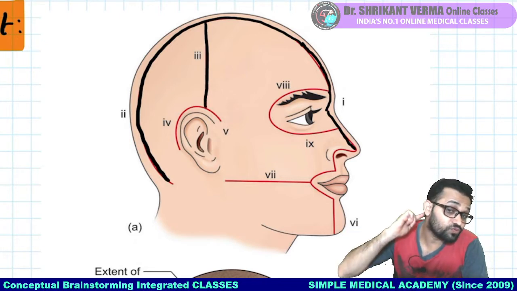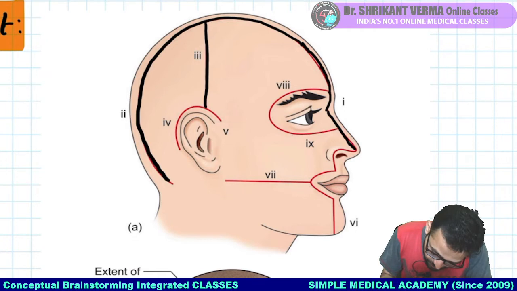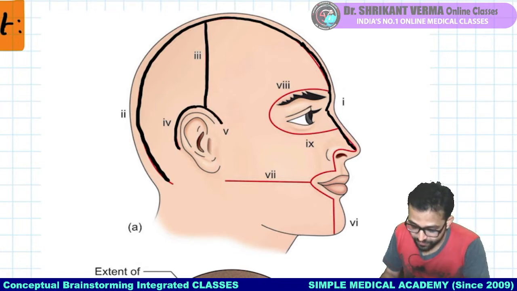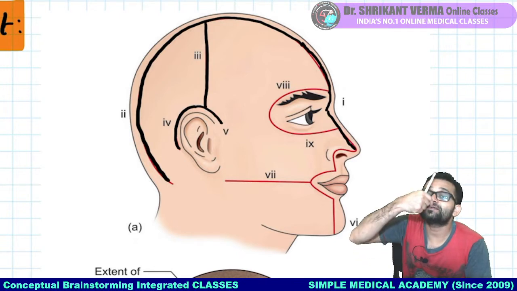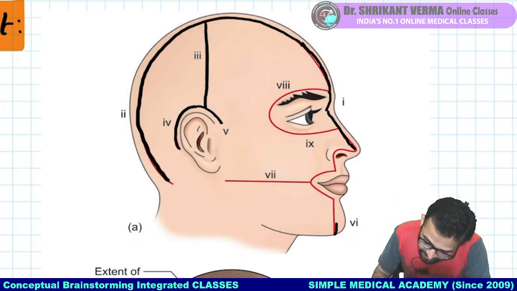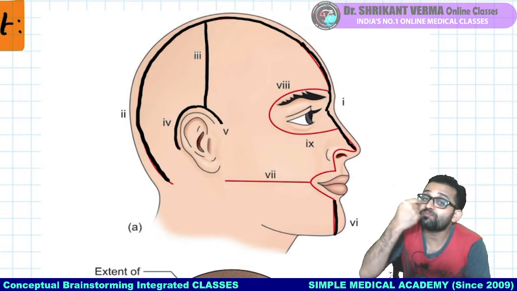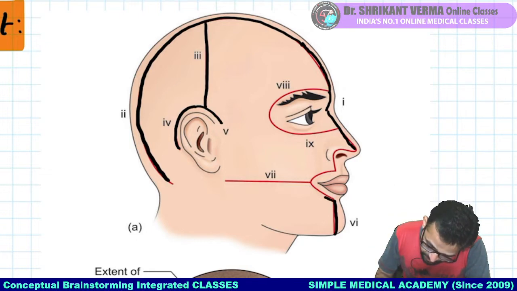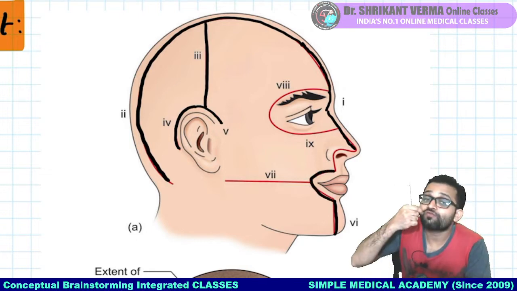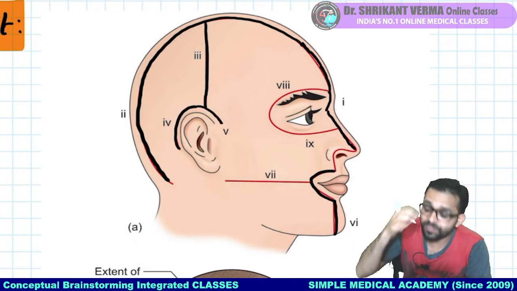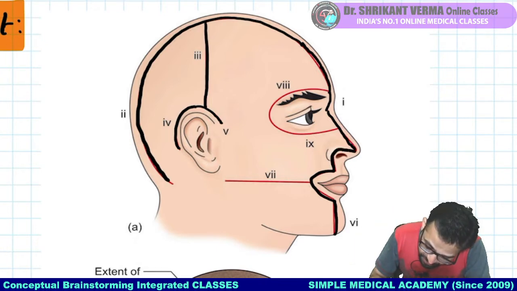Over the ear you have to move the scalpel. Fourth incision, which you have to extend forward, fifth incision. And then another incision from the chin at the center, then encircle the mouth region, and then from the ala of the nose reach to the first site of the incision.